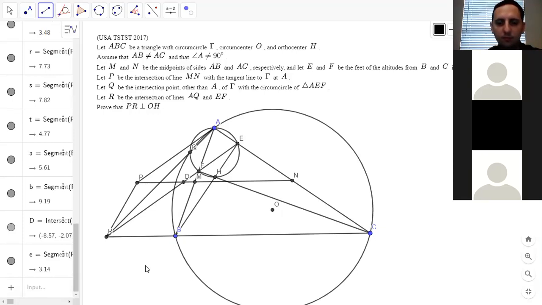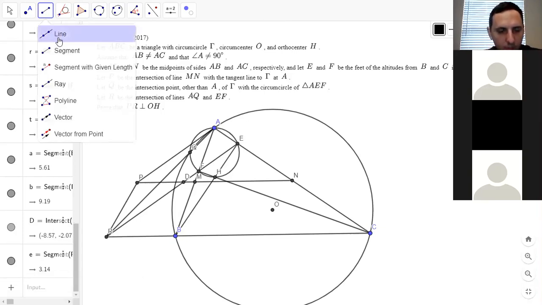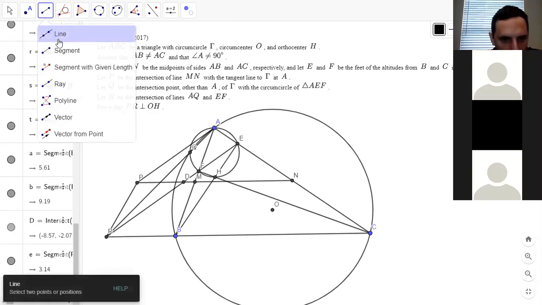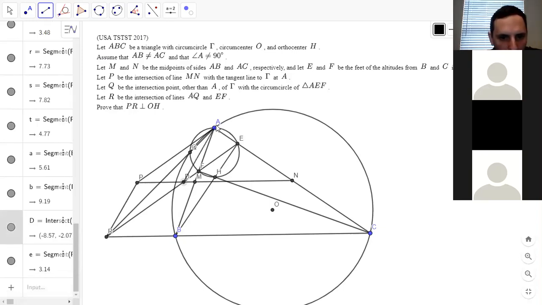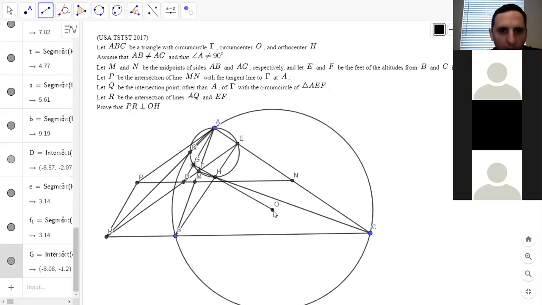So if we take AD and OH, then it would intersect on EHF, which is equivalent to what he said. Oh, so you're saying OH would pass through this point right here. Okay. All right.